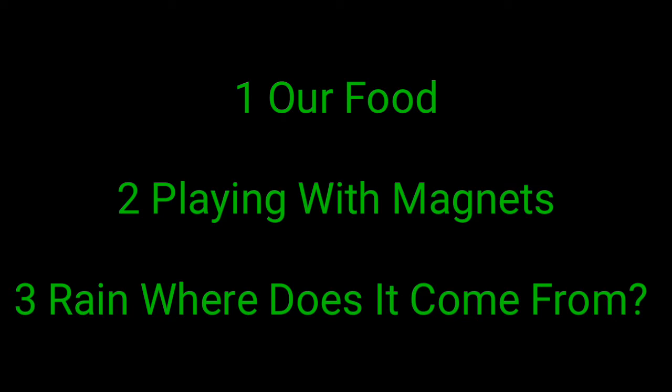And especially about the chapter Rain, where does it come from, if you see the description box below the video, you can find a link related to a questionnaire. If you click on the link, you will find a question paper, and it is an objective type question paper. If you answer the questions, you will get some points.